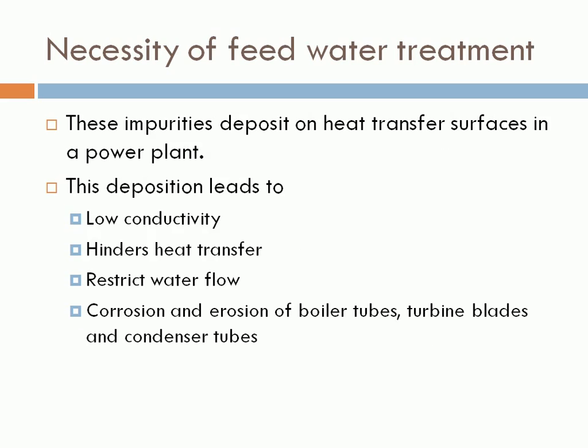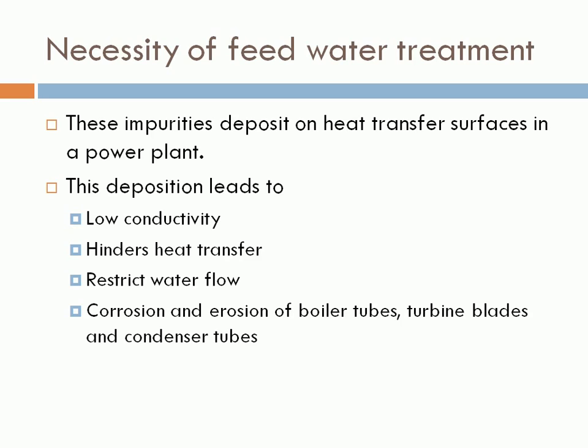Then these impurities deposit on the heat transfer surface in the power plant, right? This type of deposition leads to low conductivity. Definitely it can decrease the conductivity and hinder the heat transfer. The heat transfer rate will definitely decrease, and it restricts the water flow.